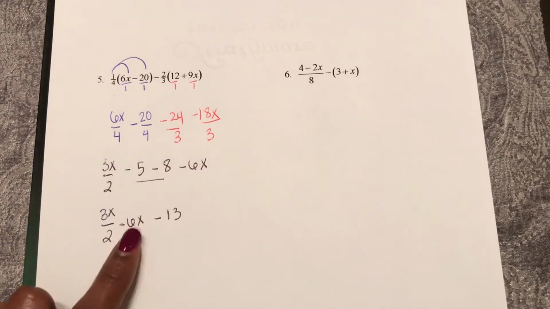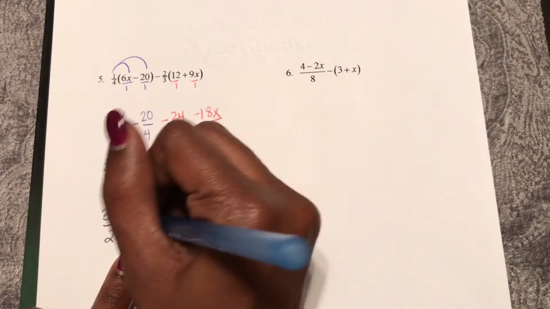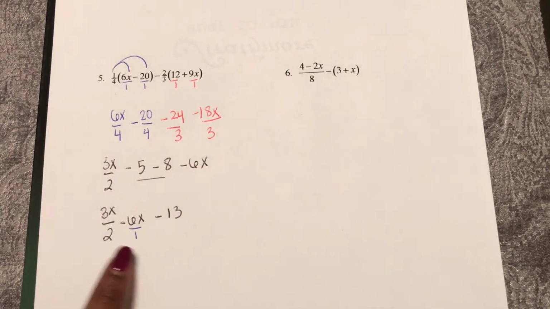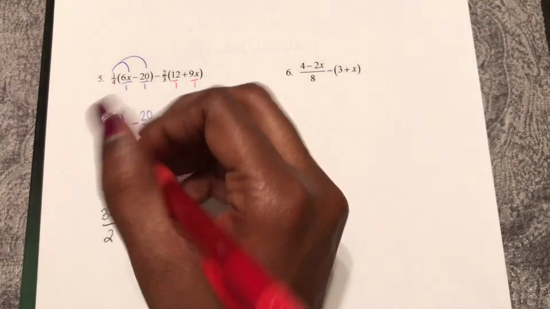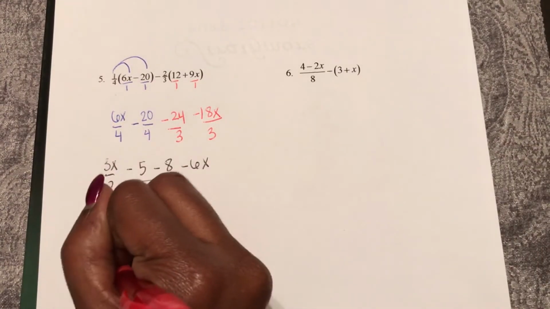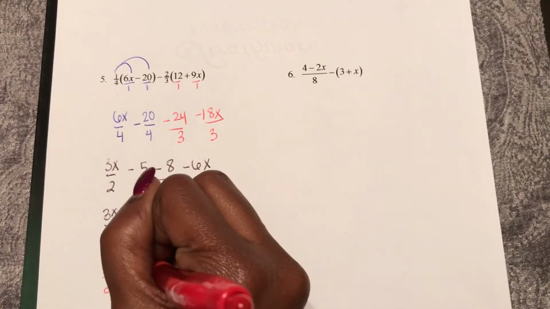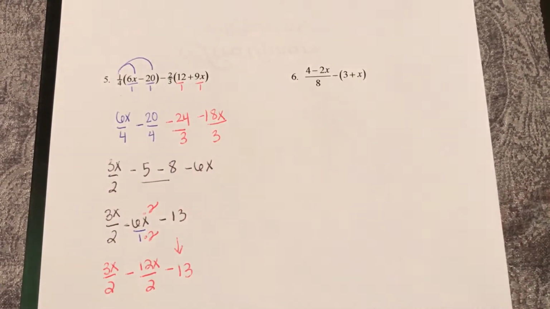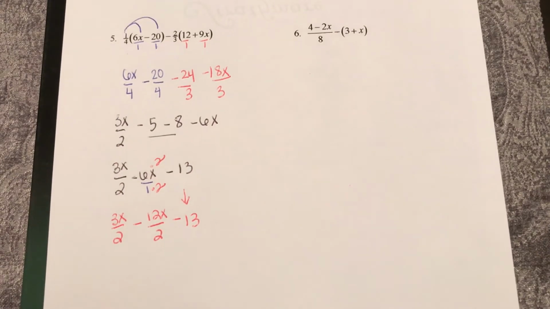Now, in order to combine these two terms, I need to first create a fraction here. The common denominator of 2 and 1 is 2. So I'll multiply this term by 2. So 3x over 2 minus 12x over 2, and don't forget to bring down that subtracting 13.